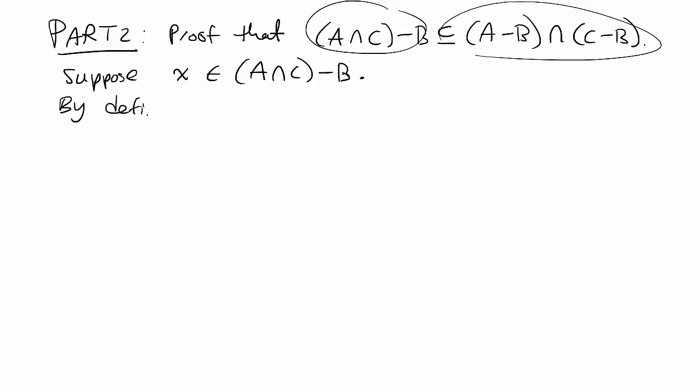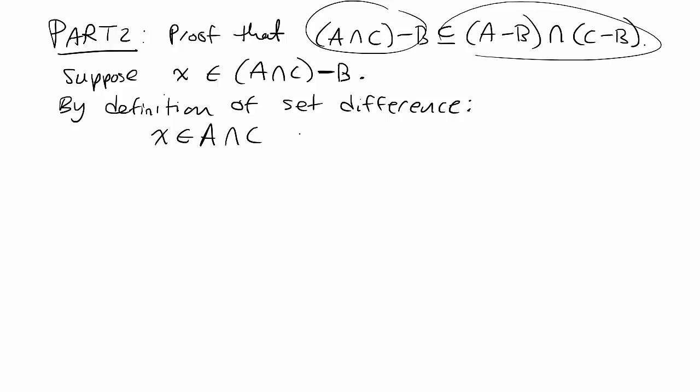So by definition of, which definition do you think we're going to be using? Set difference. So by definition of set difference, X is an element of A intersection C, and X is not an element of B. Now we're going to break down the intersection.